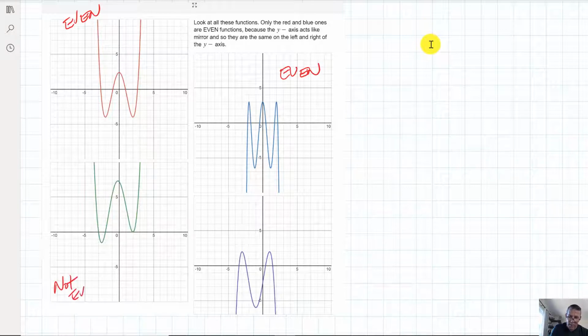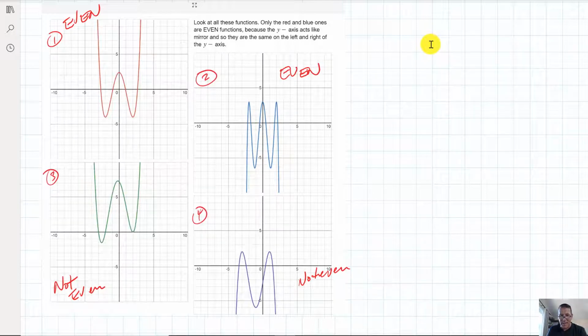We'll talk about why in a minute. So graph number 1 and graph number 2 are even; graphs number 3 and 4 are not even. Why? Because they are not symmetrical about the y-axis.